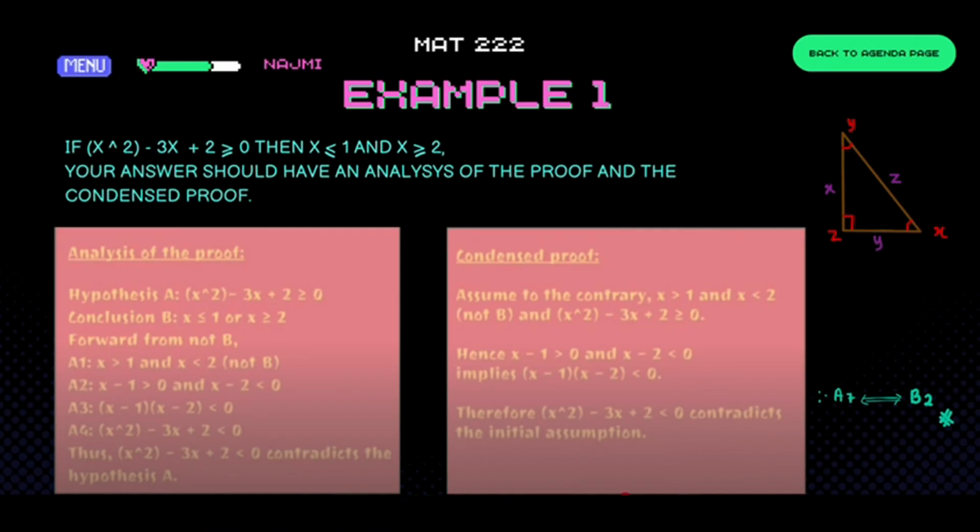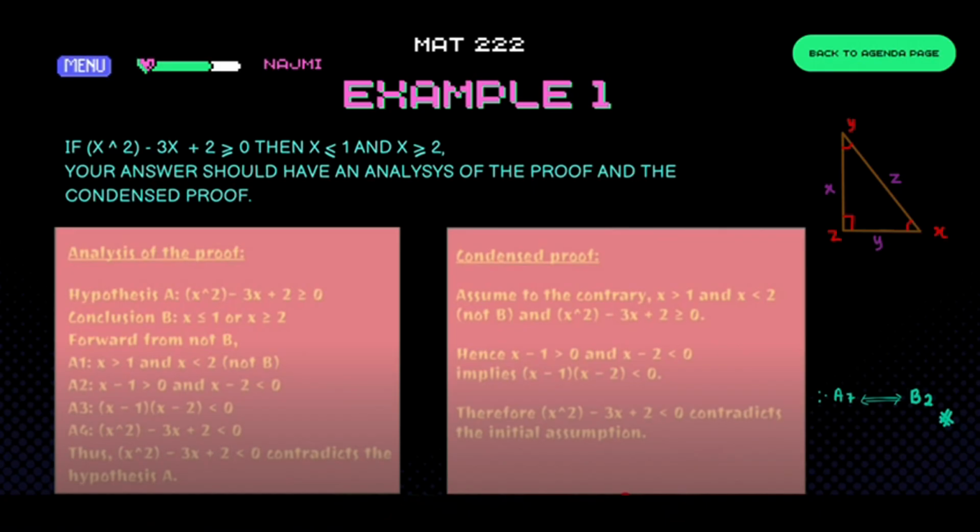From this, we can see that x squared minus 3x plus 2 less than 0 contradicts the hypothesis A. For the condensed proof, assume to the contrary x greater than 1 and x less than 2, not B, and x squared minus 3x plus 2 is greater than or equal to 0.